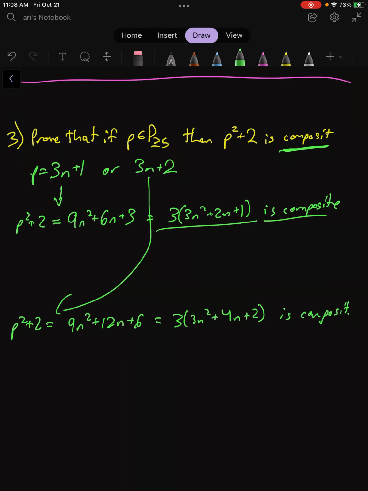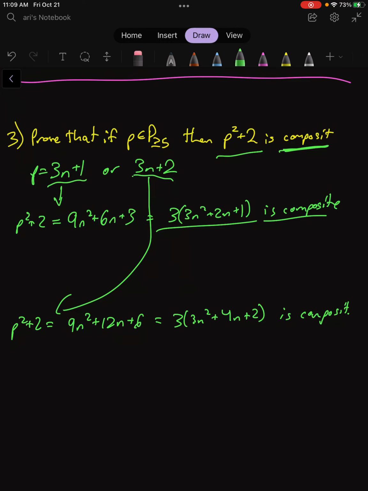So we got lucky. Our second try, it worked out. We basically said that p has to follow one of these two forms, which is always true. And when we plug either of those forms into our formula p squared plus 2, we can prove that it results in a composite number that's divisible by 3 in both cases, which is sort of coincidental and doesn't really matter.